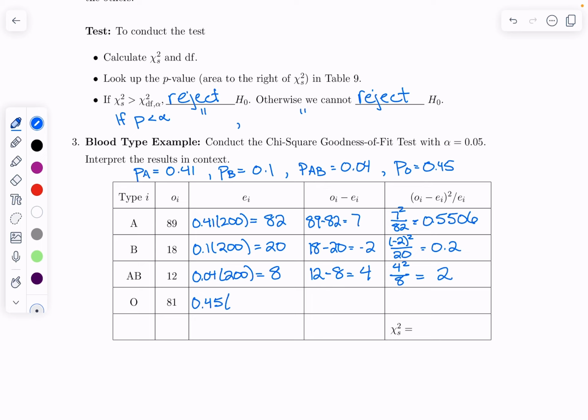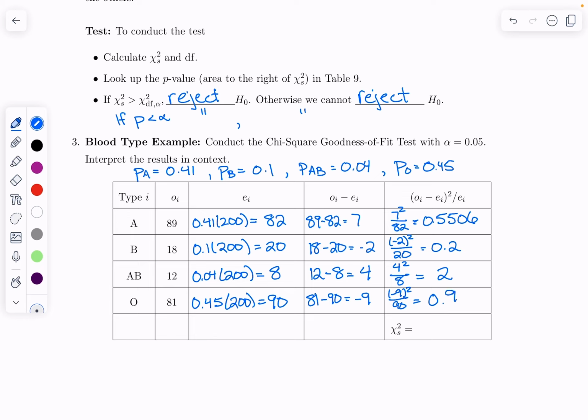Expected was supposed to be 45% of 200, which was going to be 90. And so we have 81 minus 90, which is -9. So we're going to have -9 squared over 90, which is 81 divided by 90. That's going to give us 0.9.